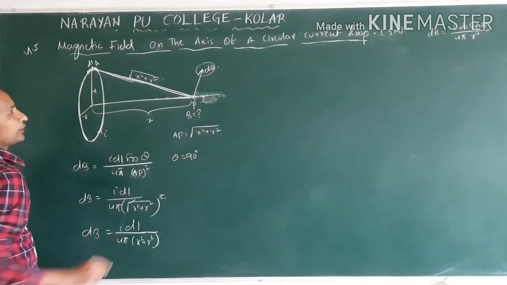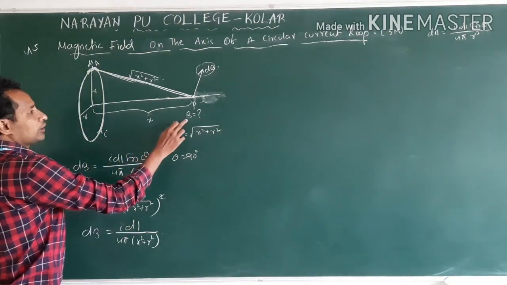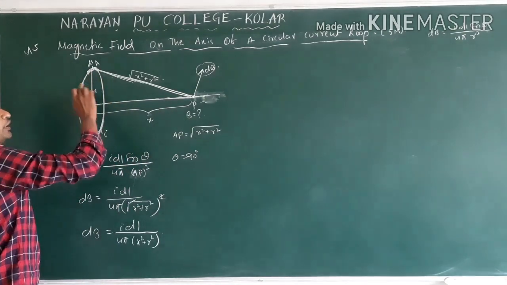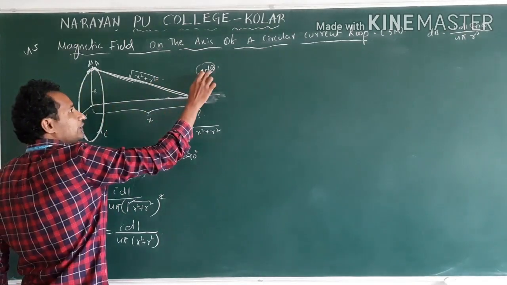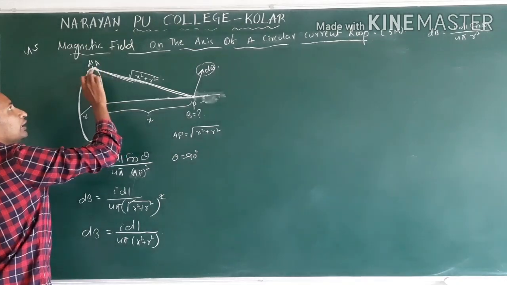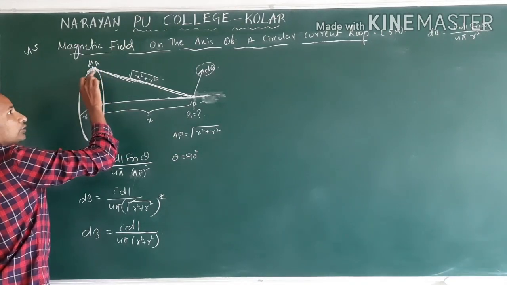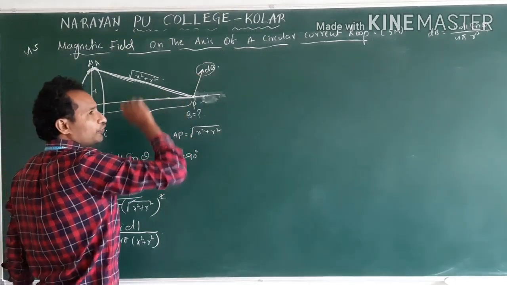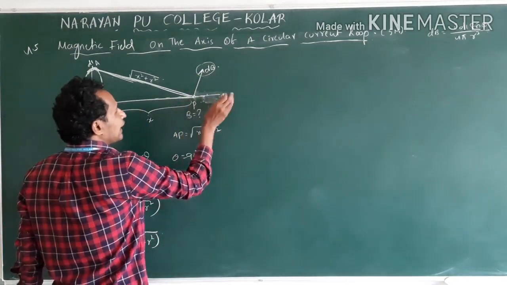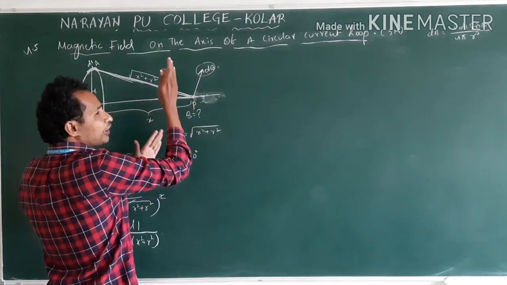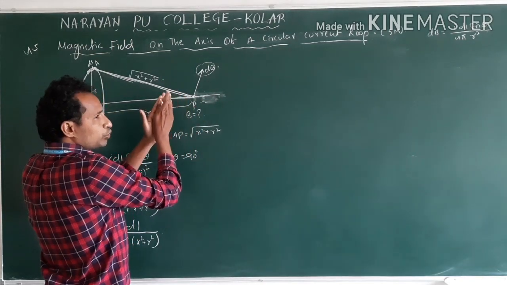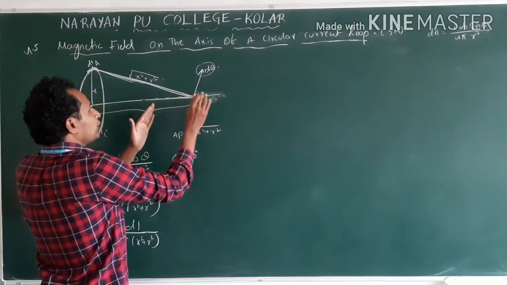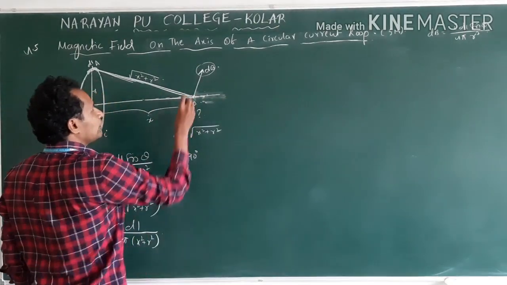Clear? This is the small element field. We need to get the total magnetic field due to this loop, but what we calculated is dB, the small current element field. But we have a loop, we need to calculate total field. So this dB is not acting along x-axis, not along y-axis. We need to align it into x and y to get total field.